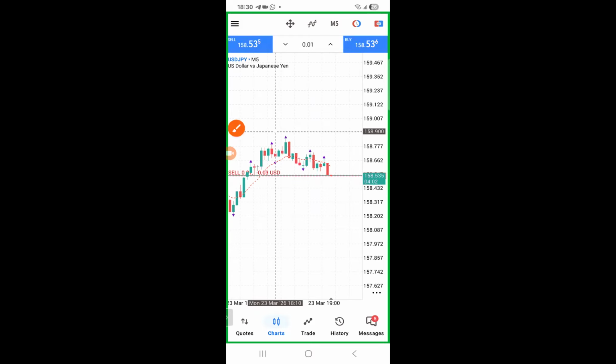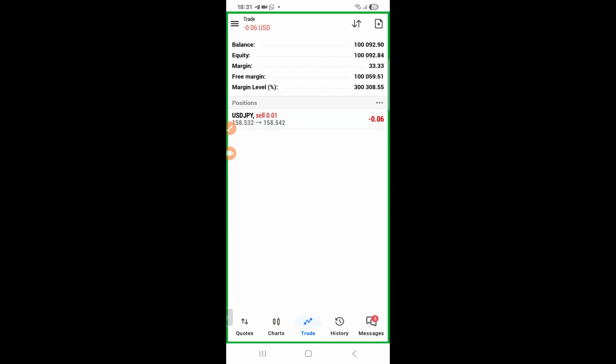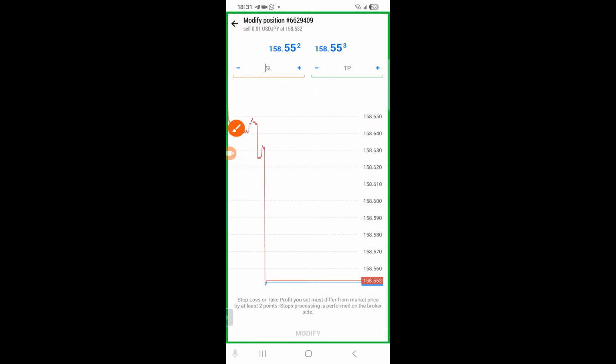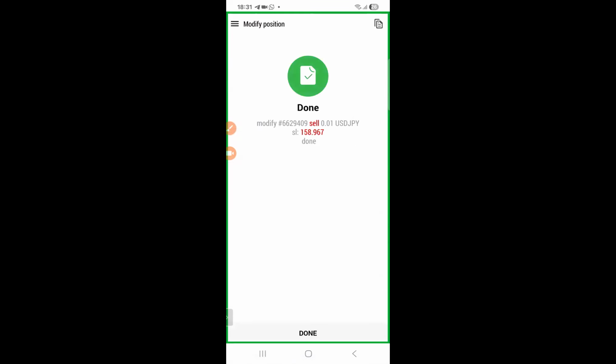So I can go to my trade and press down. I look at this one, modify position. So I click on it. Let's say 158.967. Then I click.